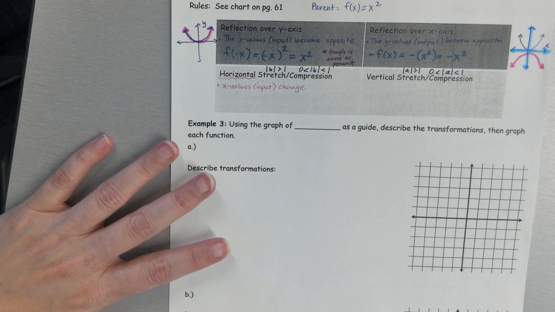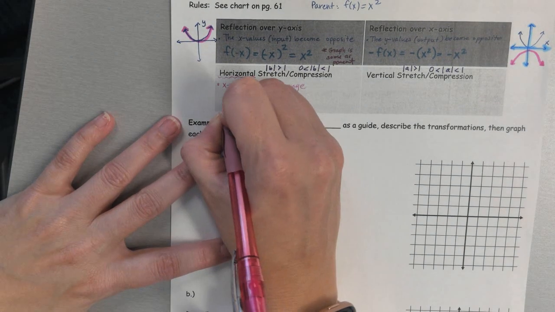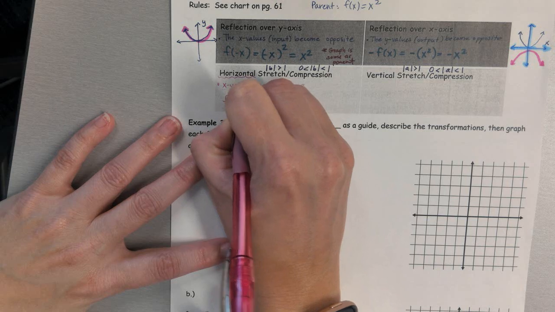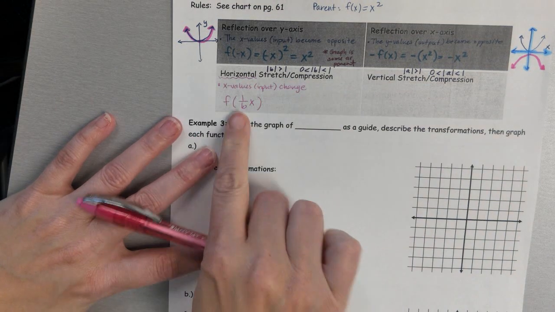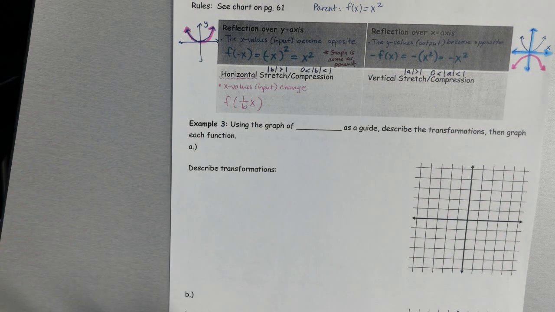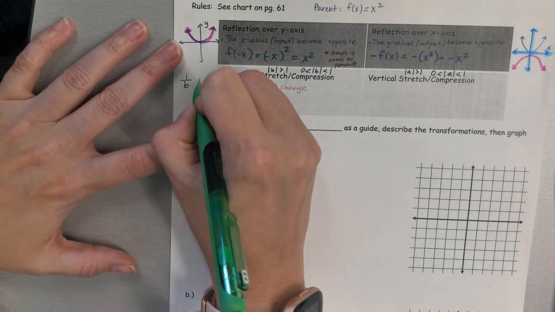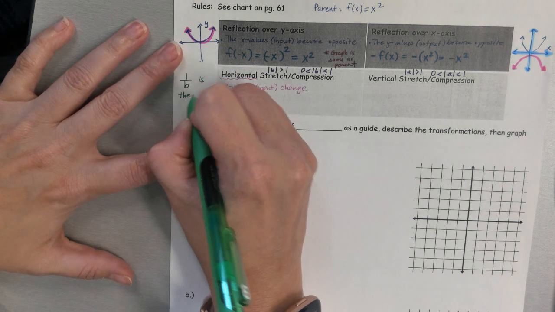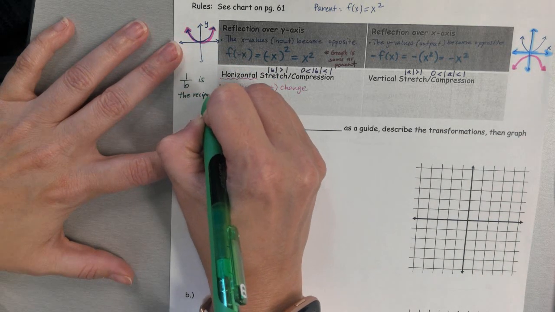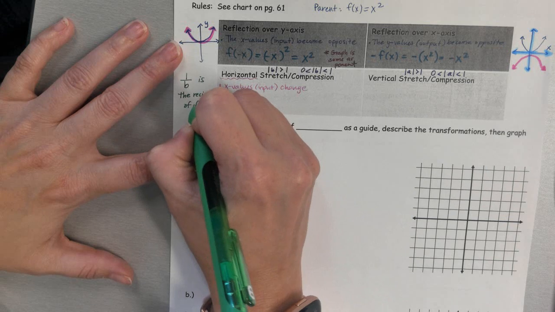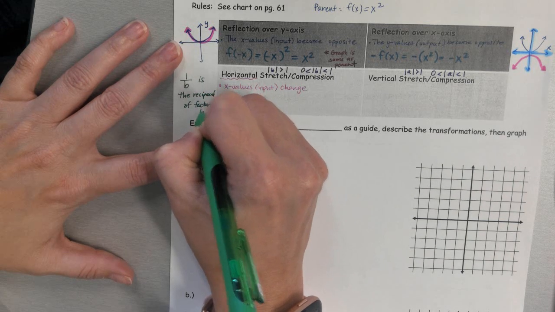The horizontal rule is f of 1 over b x. And we talked about this. The 1 over b represents what? Yeah, the reciprocal of b. So 1 over b is the reciprocal of your factor b.